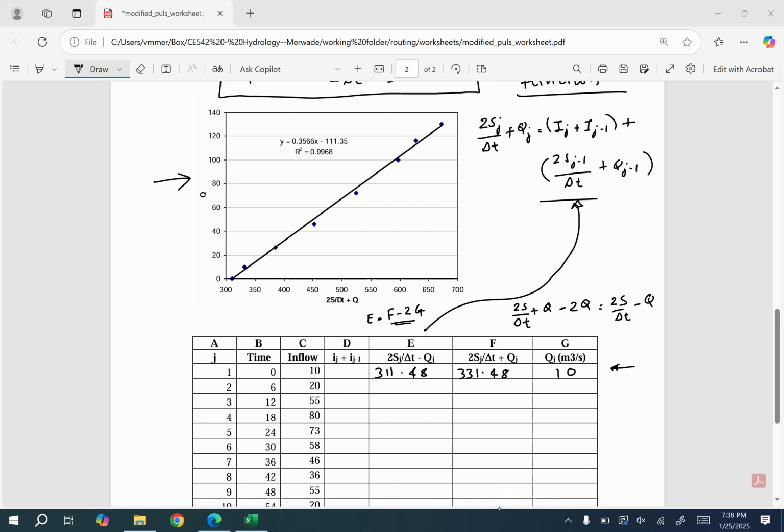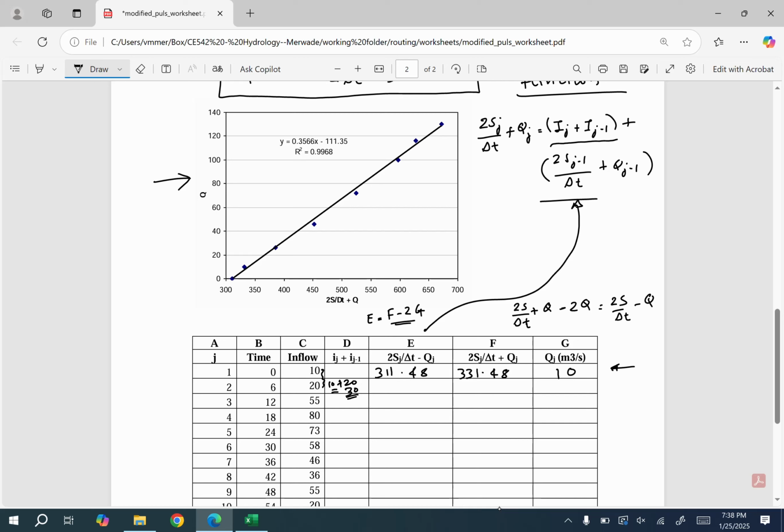Now let's find out the Q or the outflow value when we have time equal to 6 hours. So Ij plus Ij minus 1, we are going to add these two values. So 10 plus 20 is equal to 30. That is Ij plus Ij minus 1.